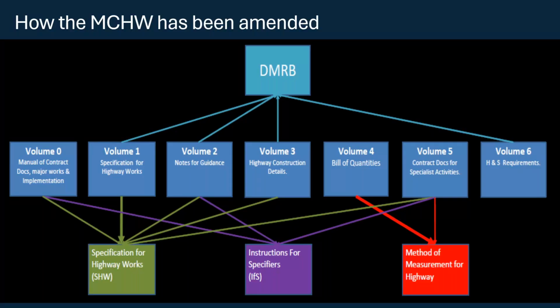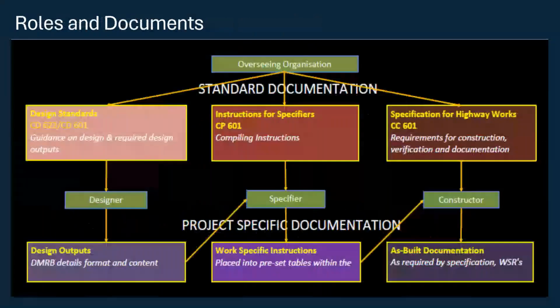Now, these changes create 4 different roles within the Manual of Contract Documents for Highway Works. There's the overseeing organisation, usually a highways body, if it's used for its original purpose, who will provide the necessary standards and guidance to work to. There is the designer, who creates the design and gathers all the necessary design information and passes that to the specifier.